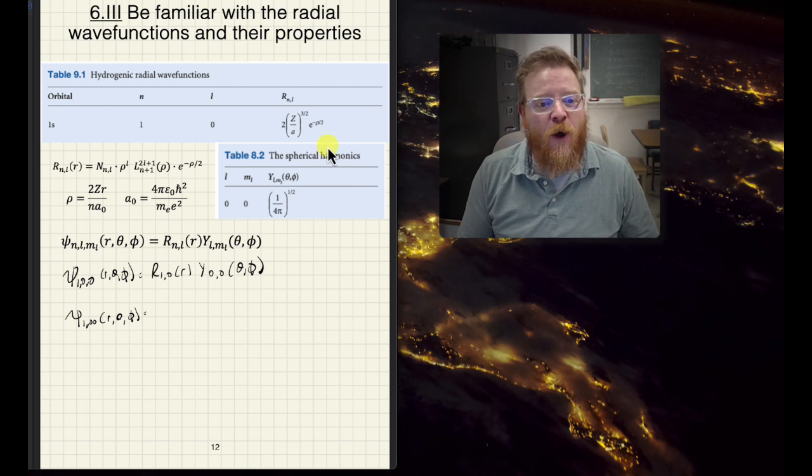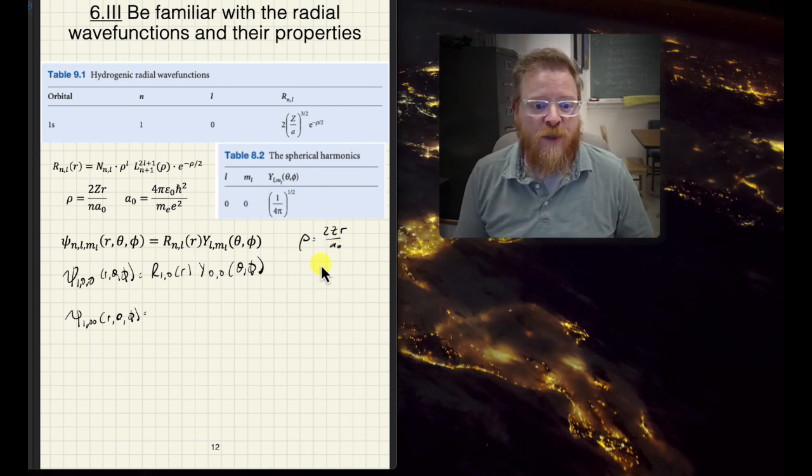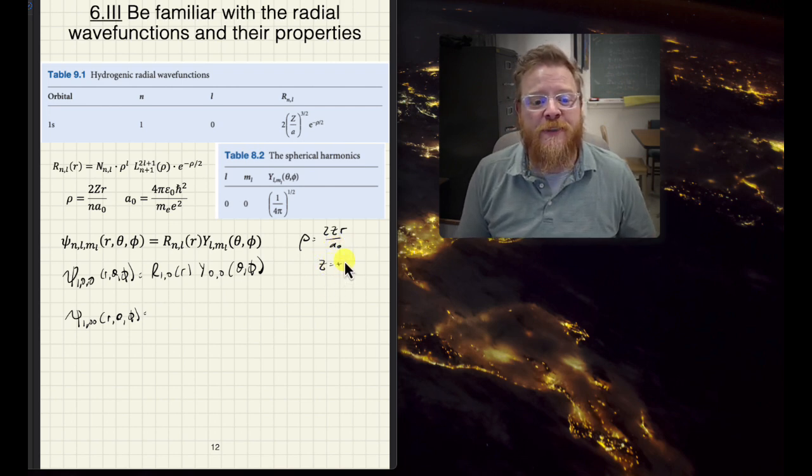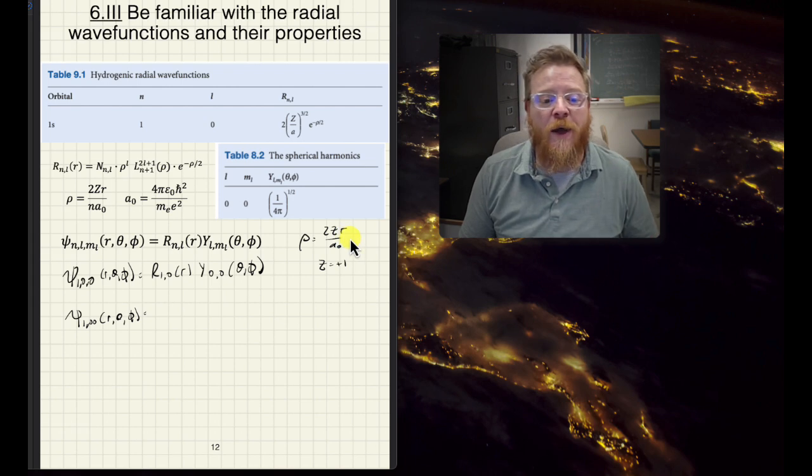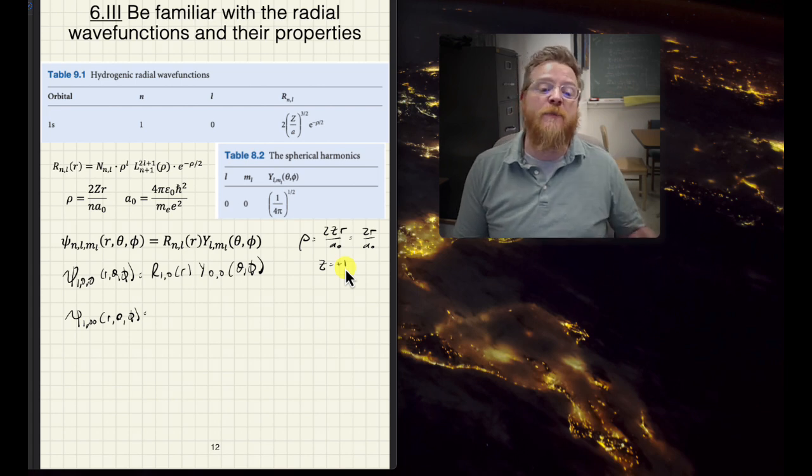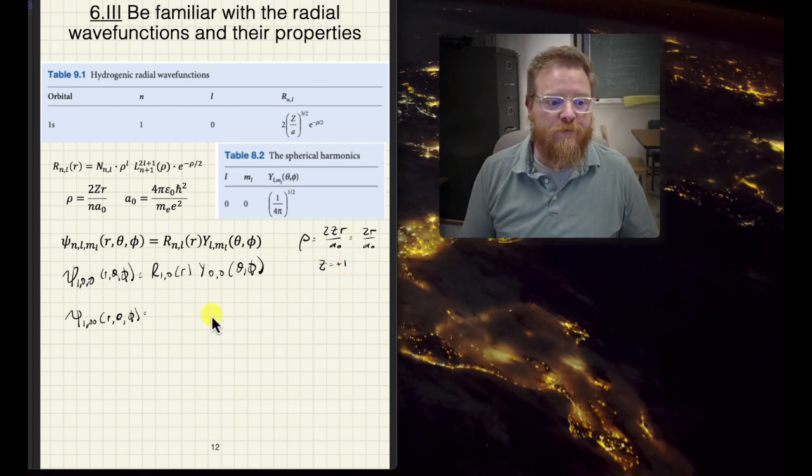And I'm also going to note here our function rho for this system with n equal to 1 will be equal to 2 times Z times r over the Bohr radius, where for hydrogen, Z is positive 1. So we could even simplify that further and write that as 2r over a naught, specifically for hydrogen.